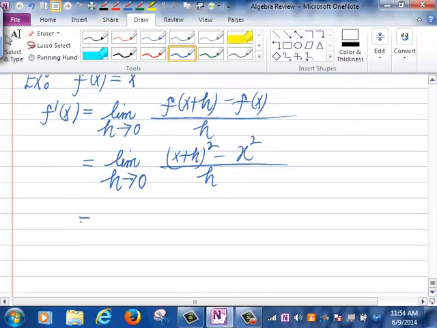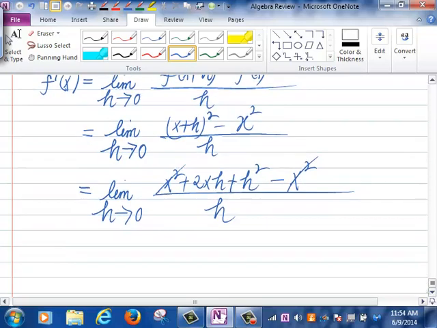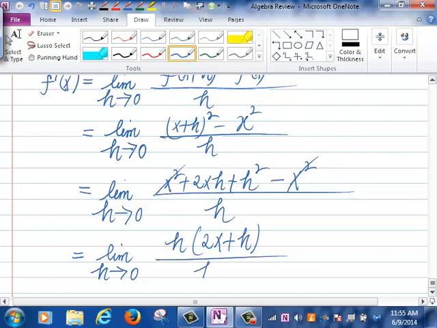And if I expand the square, what do I get? I get x squared plus 2xh plus h squared minus x squared over h. The x squared cancels out. So I get the limit as h goes to 0, and if I factor out h, I get h times 2x plus h divided by h.